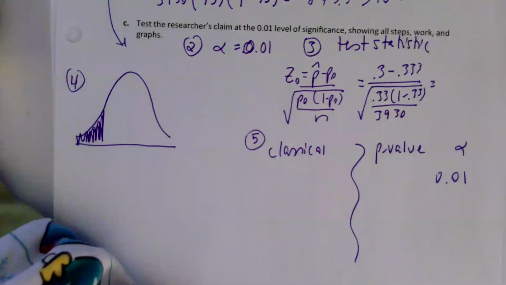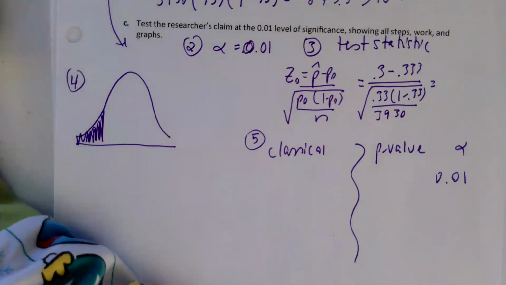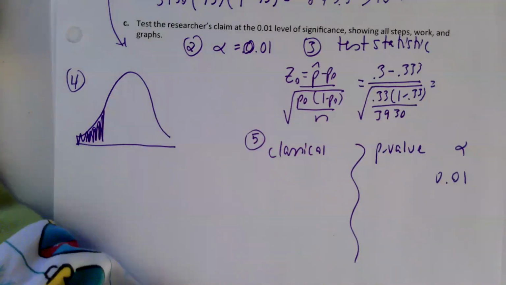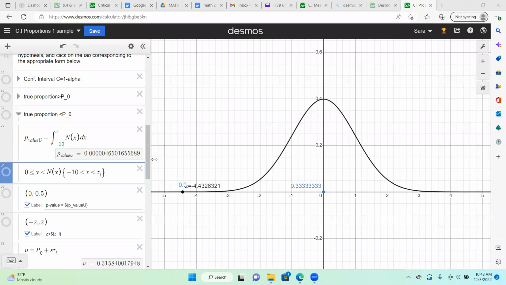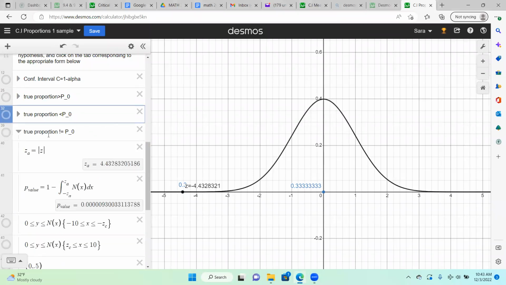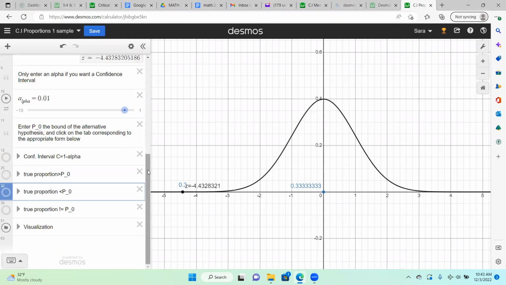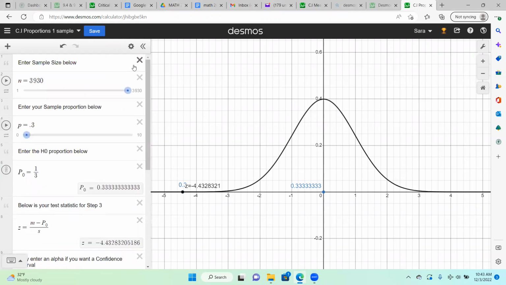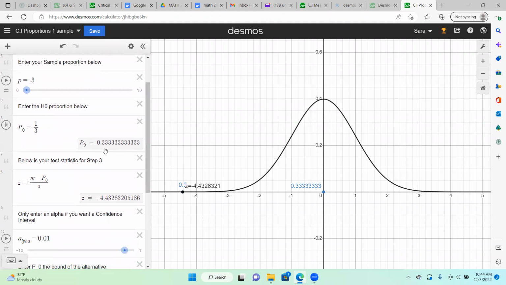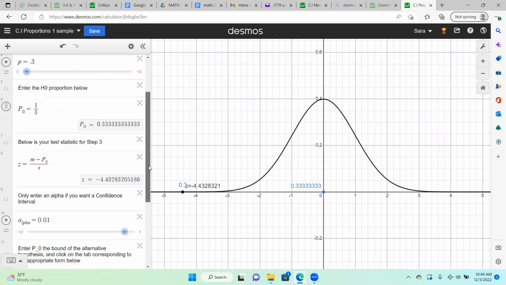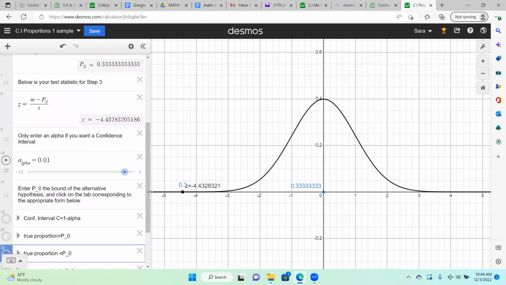Okay. Now I'm going to show you what this looks like in Desmos. So we're using the proportions calculation. We're going to enter in our 3,930 for our sample size. Our sample proportion is 0.3. Our P0, if you put in 1/3, that's fine, because look, it calculates the decimal for us, which is great. There's our test statistic, a negative 4.43. It's very far from the center.